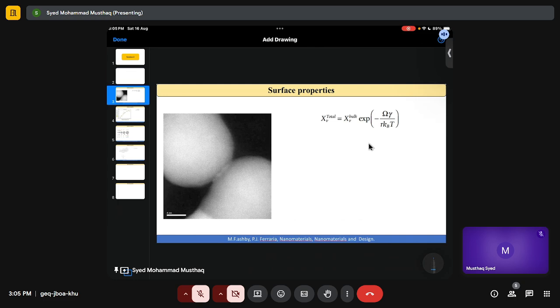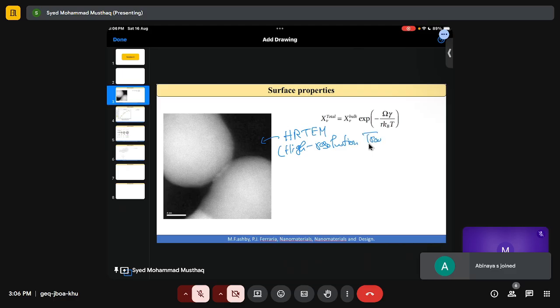See, this thing we have seen, right? This is the TEM image. You can call it an HRTEM image, called a high resolution transmission electron microscope image, right?